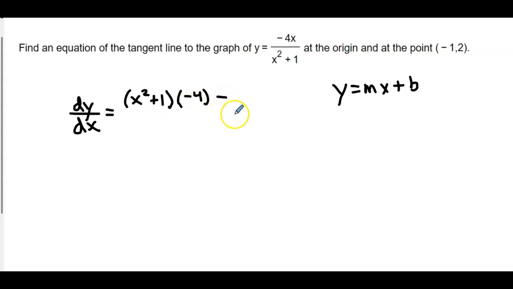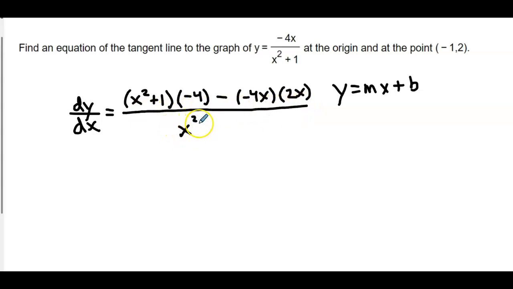And then we have a minus sign, and the second term is the numerator, negative 4x, times the derivative of our denominator, which is 2x. And then both of these terms are written over the denominator squared. That's just applying the quotient rule to find the derivative.